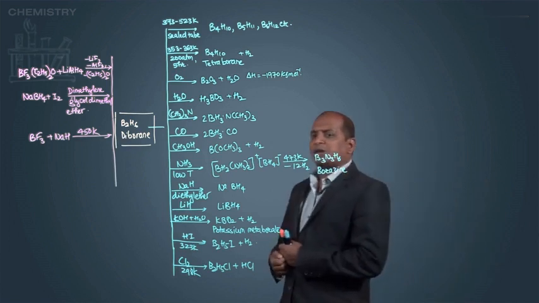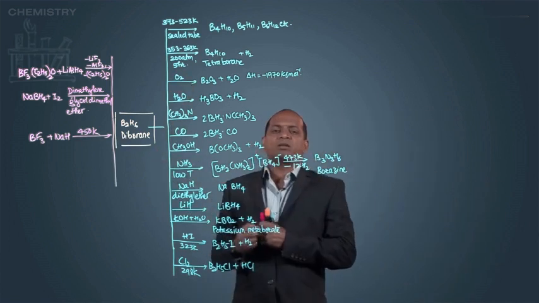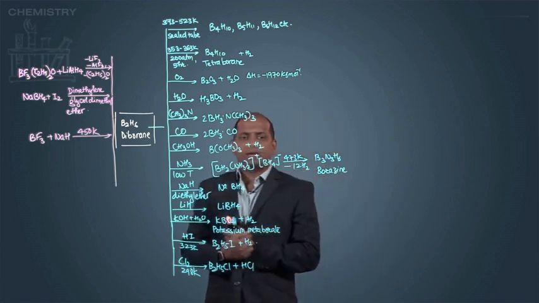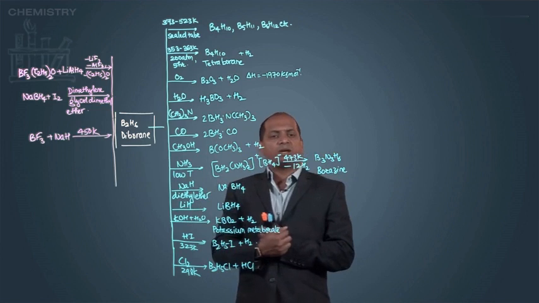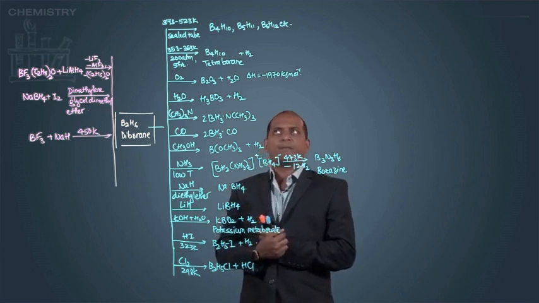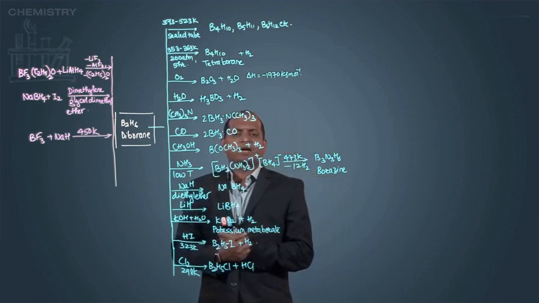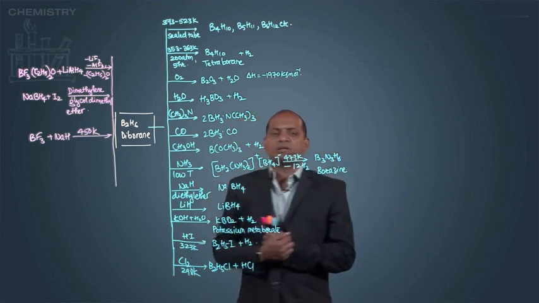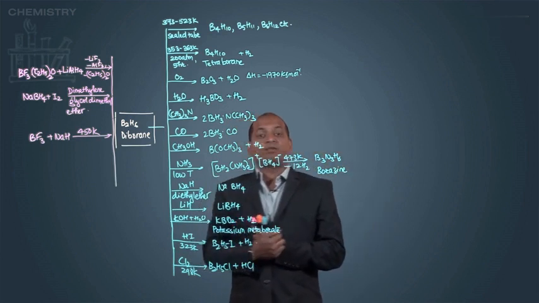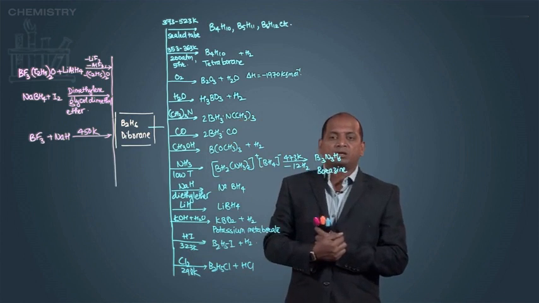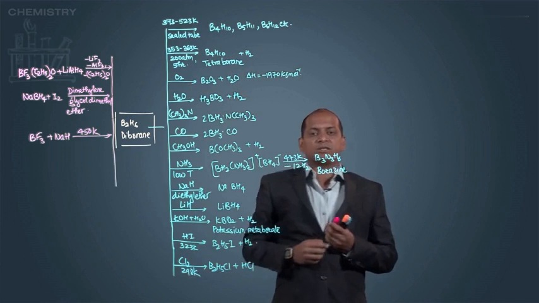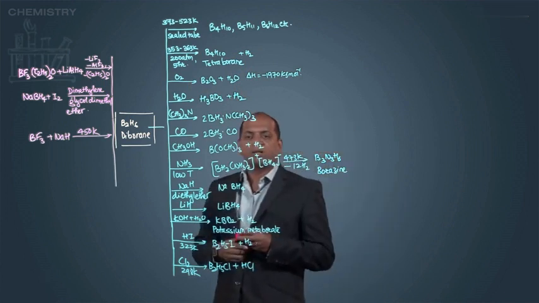On that basis, if we heat it at about 373 to 523 Kelvin, we get B4H10 tetraborane, pentaborane, hexaborane and so on. If we heat it under controlled conditions, that is 353 to 363 Kelvin, at 200 atmospheric pressure for 5 hours, you will get tetraborane. So this is the range where we get various kinds of boranes.